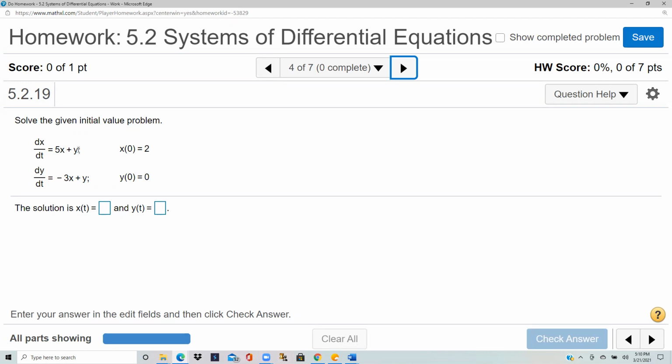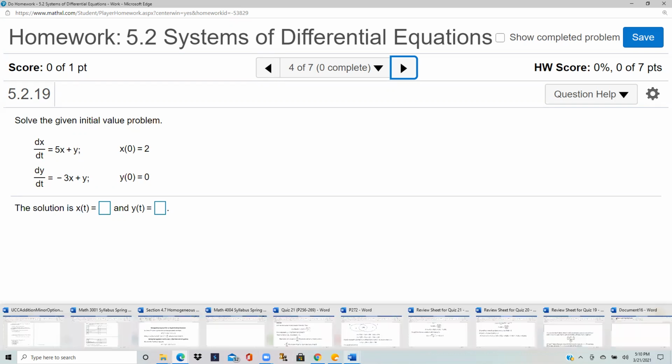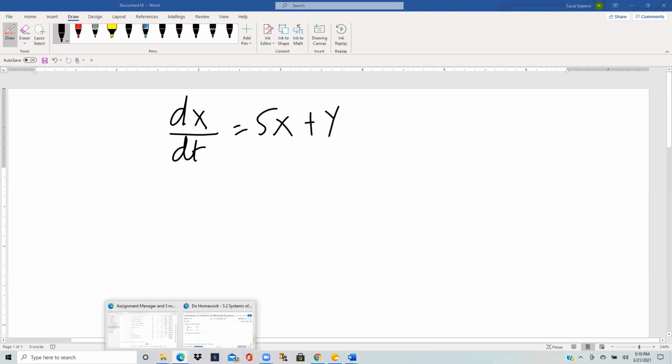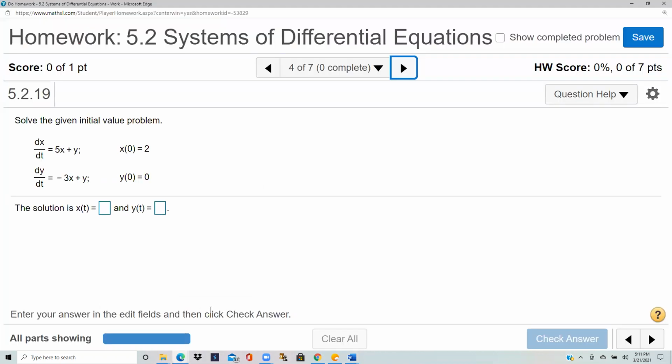dx over dt is equal to 5x plus y. And the second equation was dy over dt is negative 3x plus y.